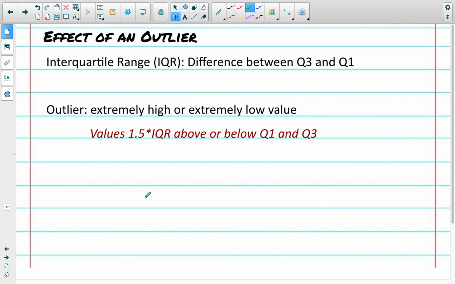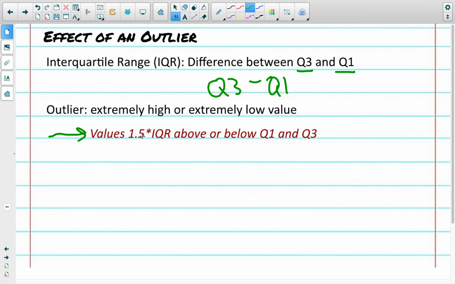The interquartile range, or IQR, is the difference between our third quartile and our first quartile, so it's Q3 minus Q1. The new definition: outliers are values that are 1.5 times the IQR above or below Q3 and Q1.